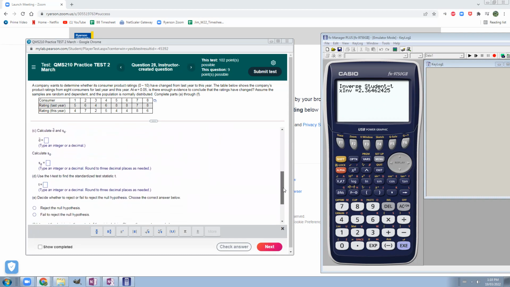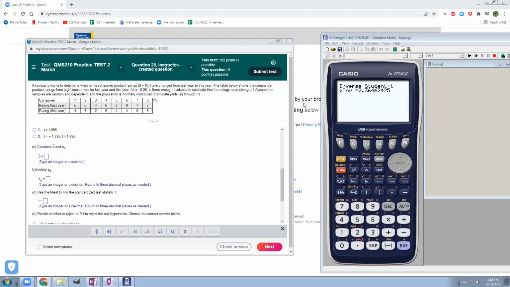Okay, so now we have to calculate all this stuff, but I don't think we need to do it by hand because we have the calculator to do it for us. So last year is going to go in list 1 and this year is going to go in list 2. We've got 5, 6, 4, 6, 8, 8, 7, 8 in list 1.